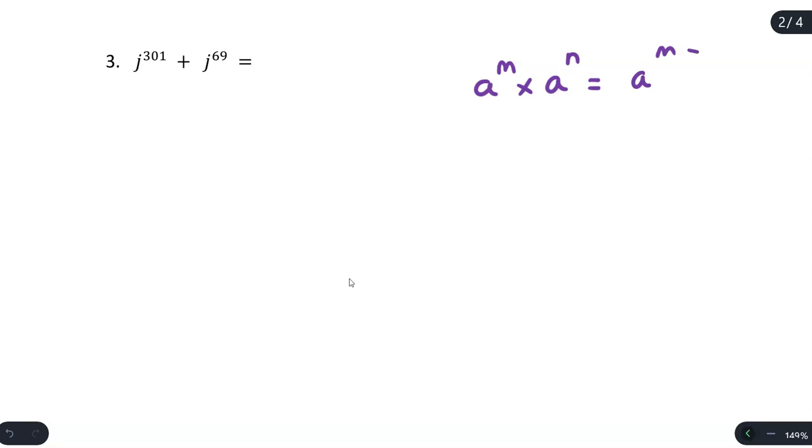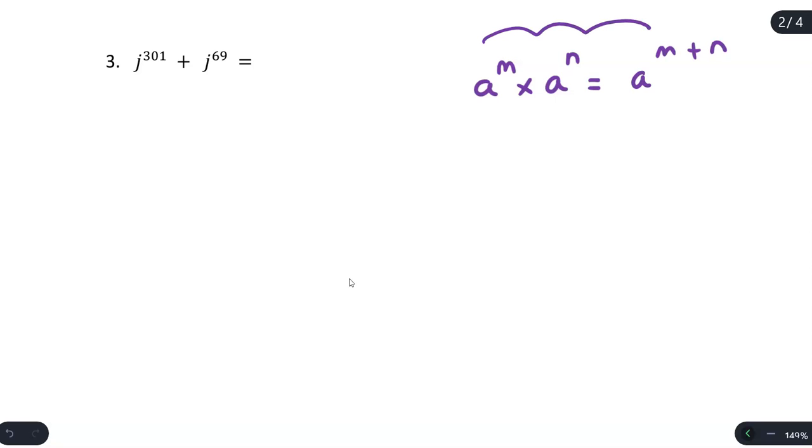This question involves a little bit of algebra, and we have to remember and distinguish the difference between multiplying two powers and adding two powers. There isn't any formula for us to add two powers with the same base. Only the formula that allows us to multiply two powers with the same base, where we are adding the two exponents.